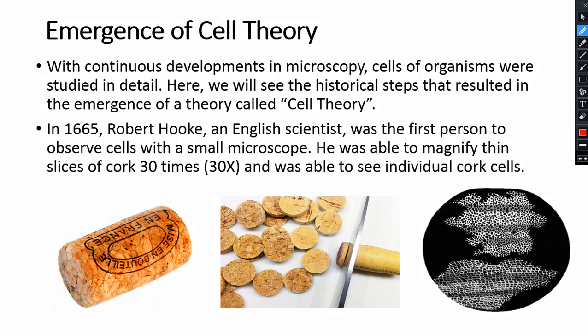Now remember, when Zacharias Janssen made a microscope, everybody was very keen to look at those things which they could not see. With time, microscopes were advancing, and in the process in which the cell was studied, they made some statements or steps about it.